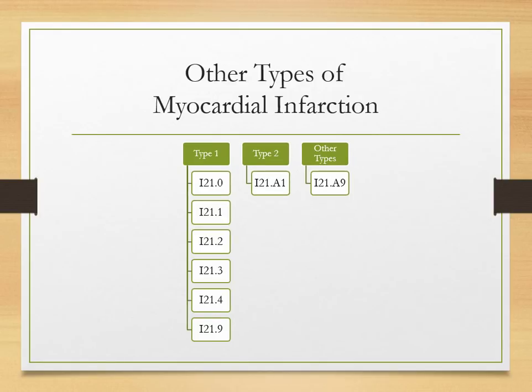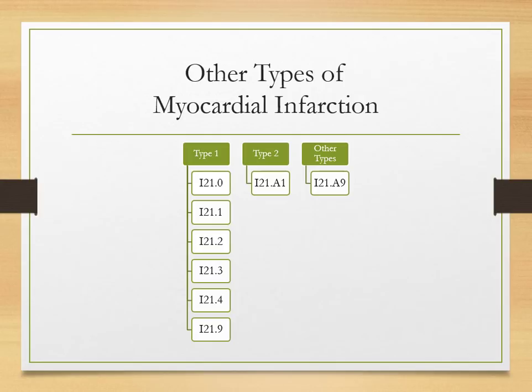But if we have a situation where the patient has a type 2 myocardial infarction, and of note, type 2 is myocardial infarction due to demand ischemia or secondary to an ischemic imbalance. Those are going to be assigned to code I-21.A1, which is type 2, and then you're going to list a code for whatever the underlying cause is.